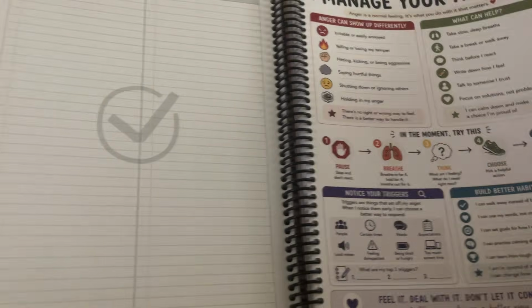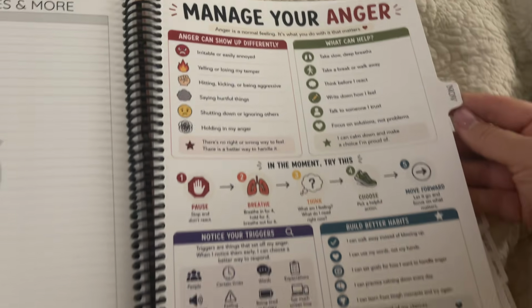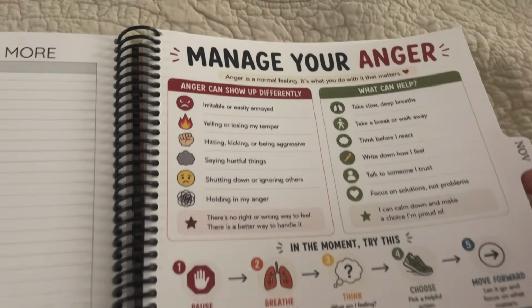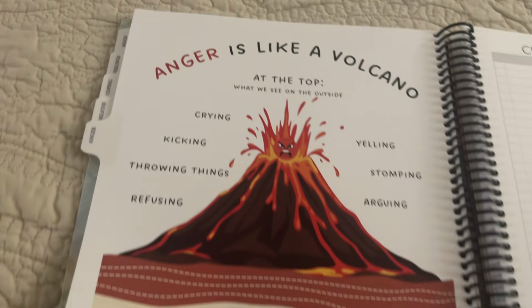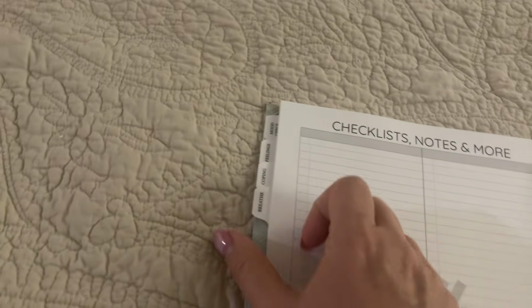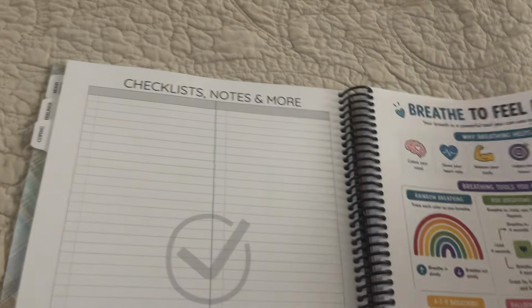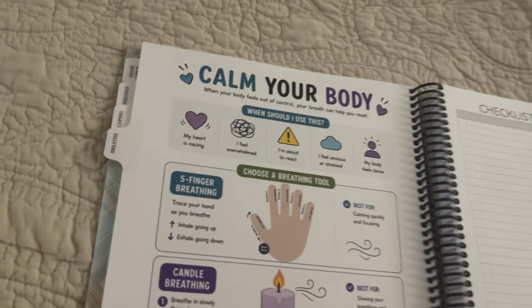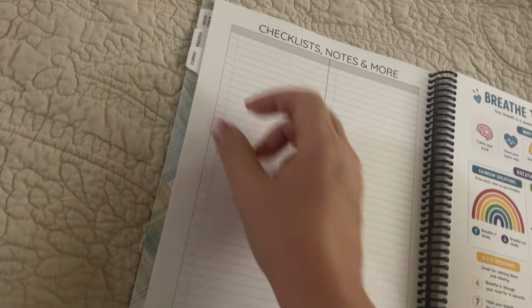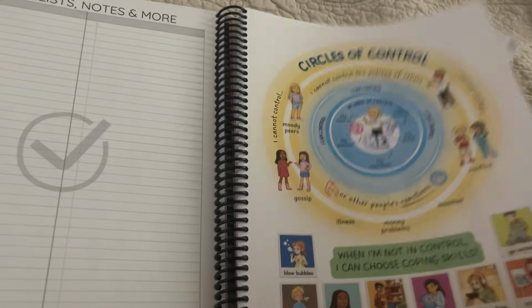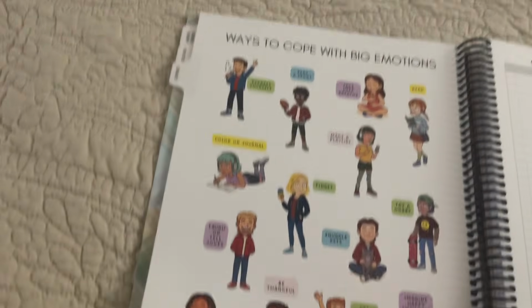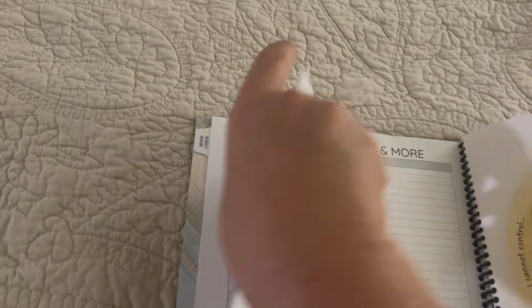So this is a planner, but it also is a year-long support for your students, you know, at your fingertips. Anger, breathing, coping, and circles of control. You can use that with your check-in, check-out also.